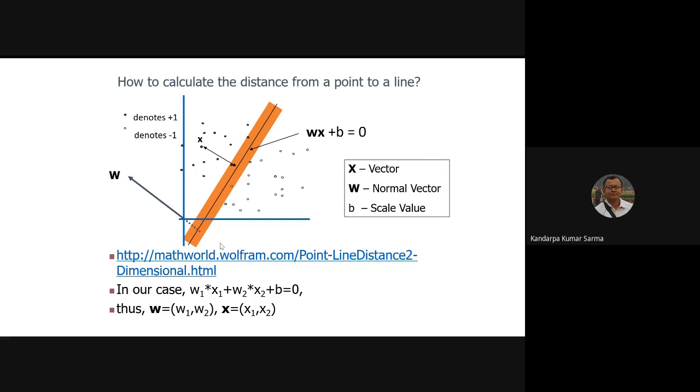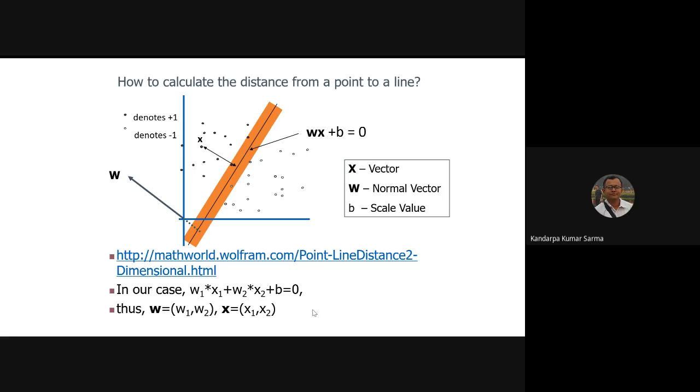So how to calculate the distance from a point to the boundary? You can use Wx plus b is equal to 0, and then find out the gap between this point x and the boundary by finding a distance measure.